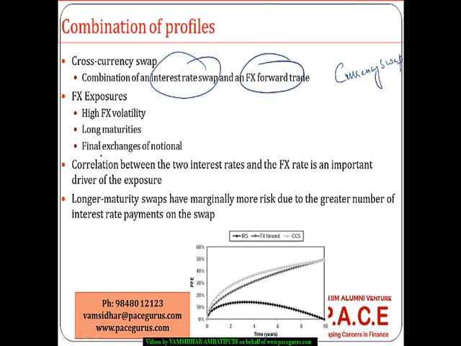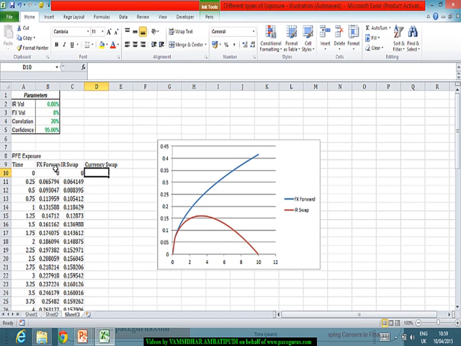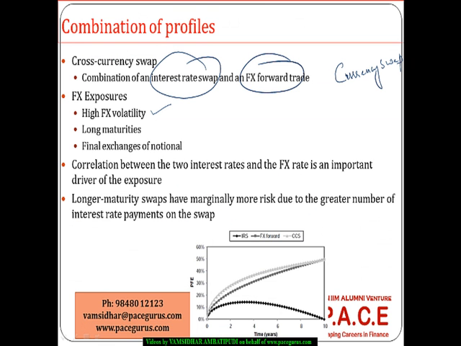right? In a currency swap, I am looking at two parts. One, the forex separately, which is purely based on the volatility of the forex, which we have already discussed. The volatility, the sigma of the forex: if there are longer and longer maturities, then the volatility could be much higher. And if there are final exchanges of the notional, even that is exposed to forex risk.